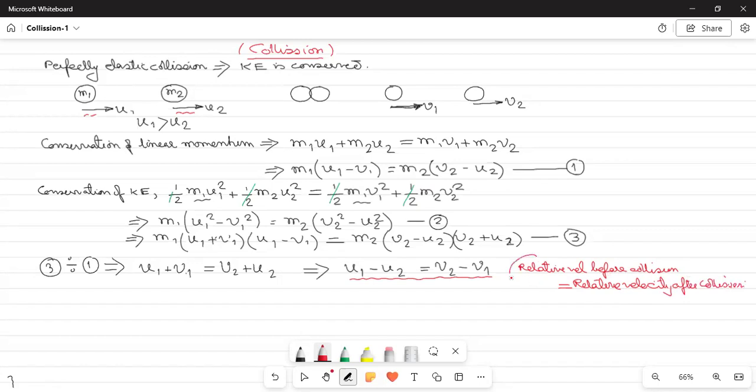So you have to just remember this. Relative velocity before collision is equal to relative velocity after collision. This equation will determine whether the first body m1 will continue to move in the forward direction, or it will stop at the time of collision, or it will rebound backward. This equation will determine that, right?